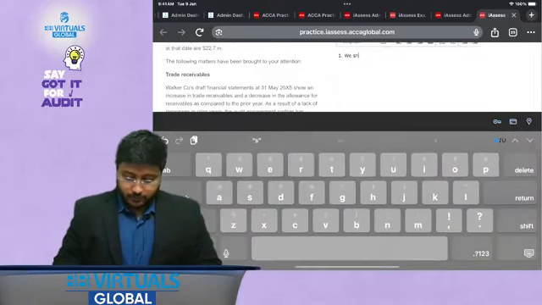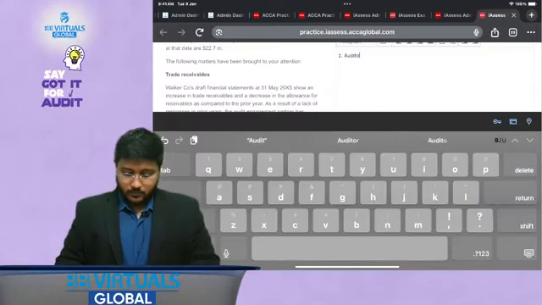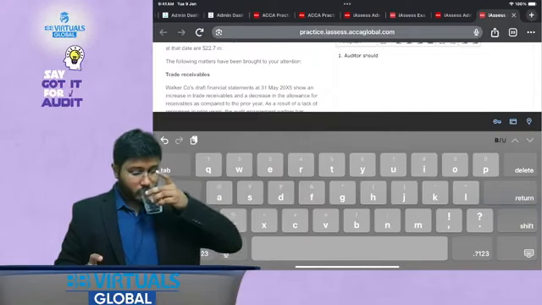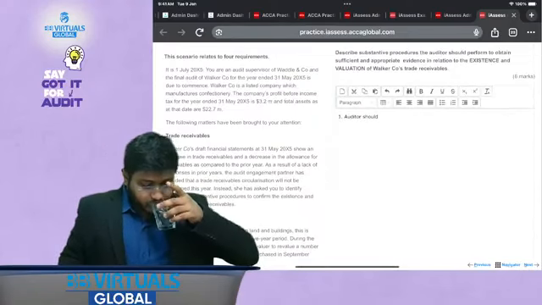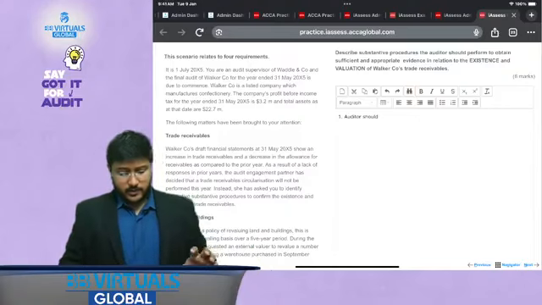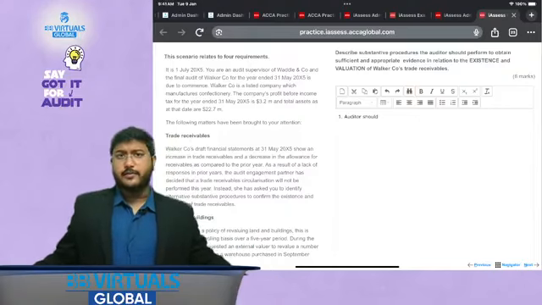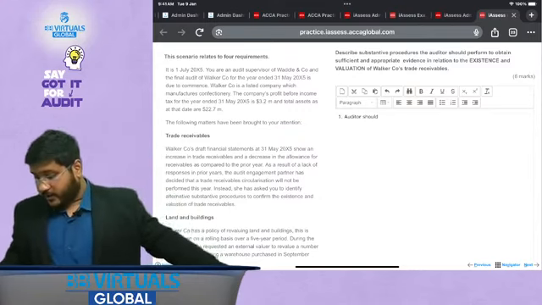Okay, so we have to address two assertions, existence and valuation. As an auditor, we should see trade confirmation, trade receivable circularisation will not be performed this year because they have not responded. So that would be a waste of time to mention this particular point, right?